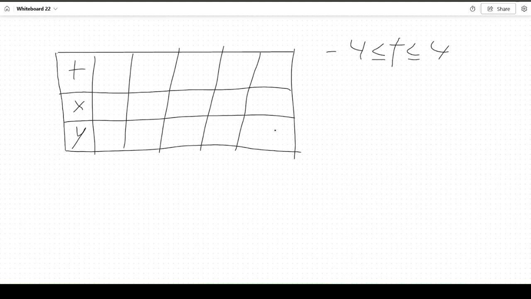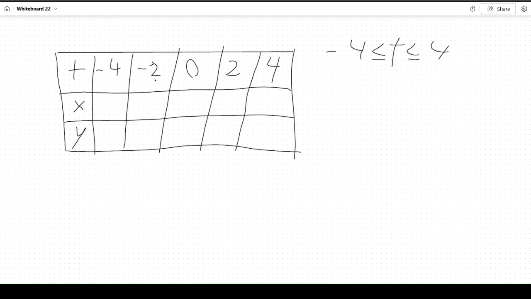I made this chart so it could be much easier. We put the -4 at the beginning and the +4 at the very end. So we have to find three other numbers between -4 and 4. We can go by +2. So -4 plus 2 is -2, plus 2 is 0, plus 2 is 2, and 2 plus 2 is 4.